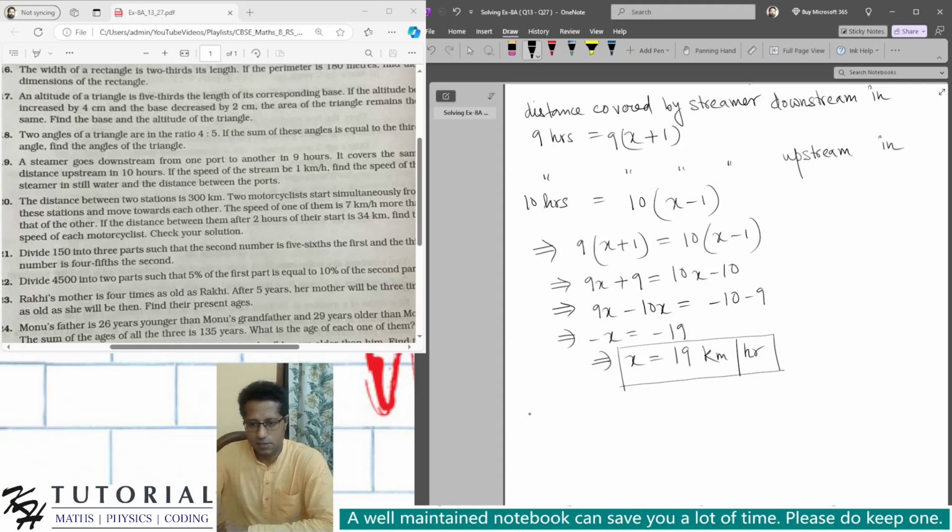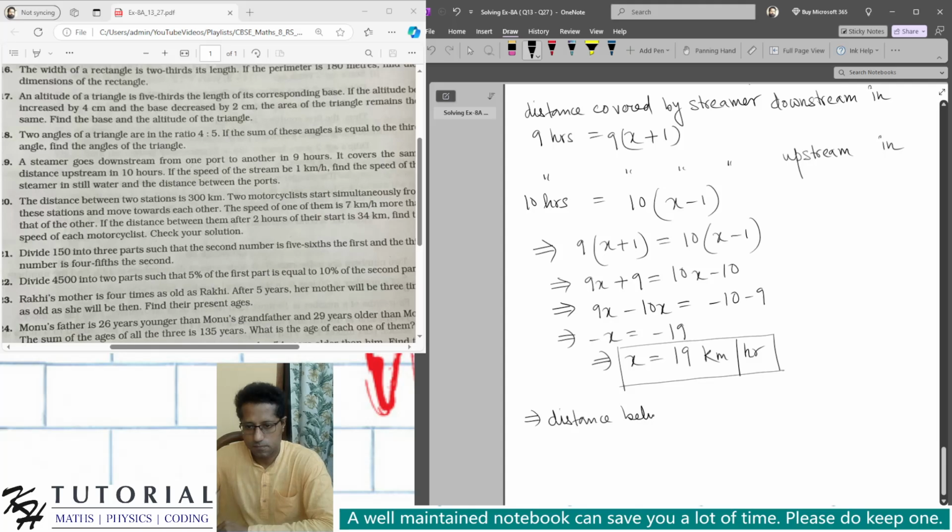Now what will be the distance? The distance between the ports will be equal to, you can consider either 9 into x plus 1 or 10 into x minus 1.